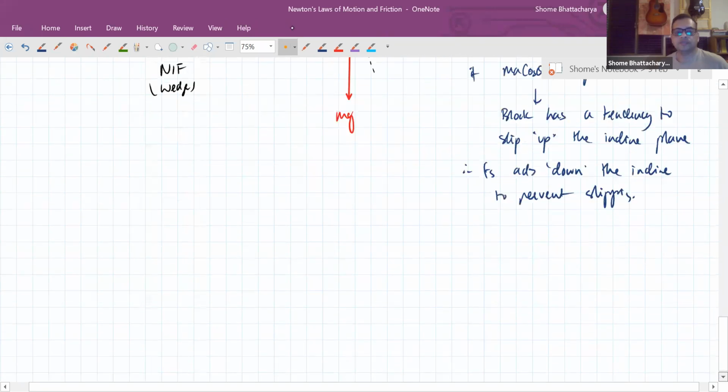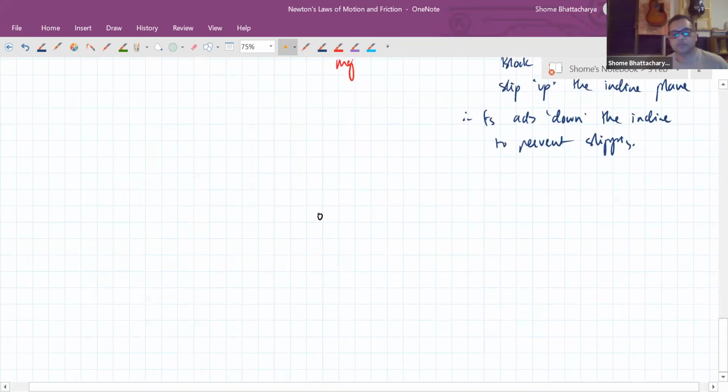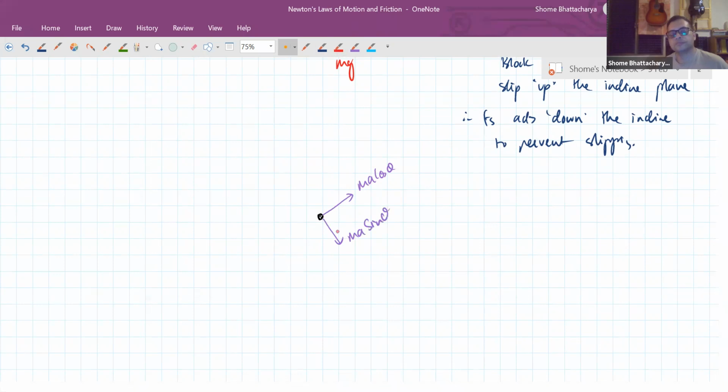So once again, if we look at the forces after resolution, these are the components of the pseudo force. These are the components of weight.